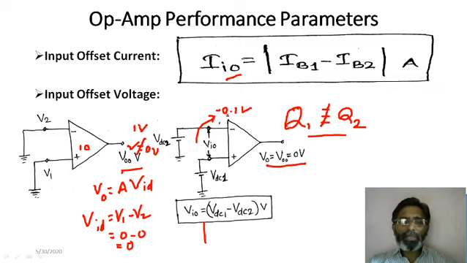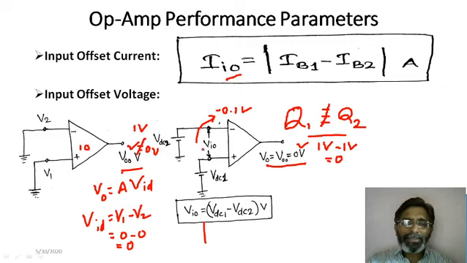Initially I have 1 volt at the output. If I apply minus 0.1 volt at the input, my gain is 10, so I will have minus 1 volt at the output, and their algebraic sum will be 0.